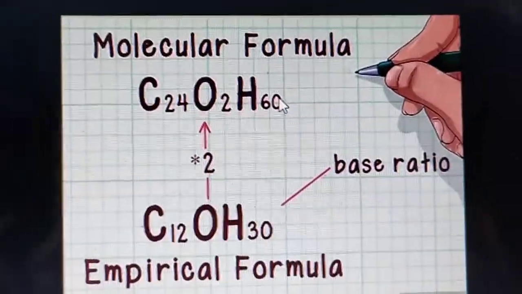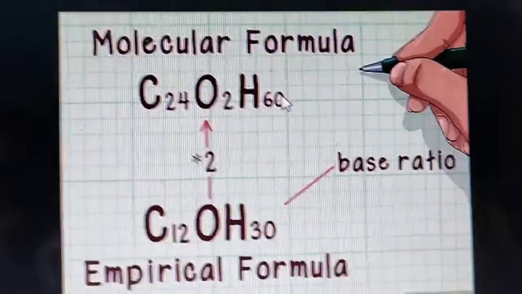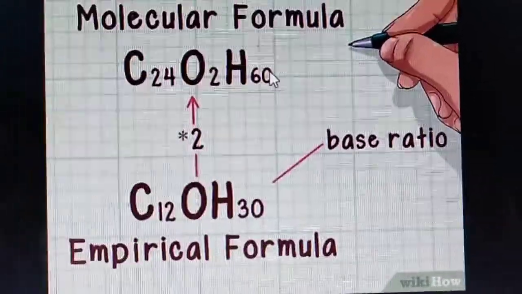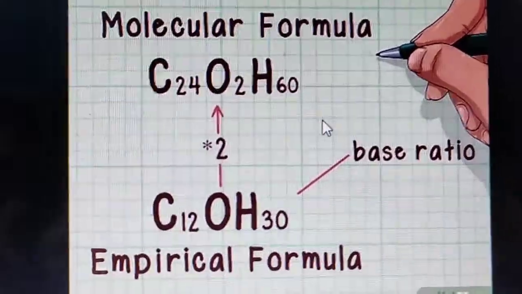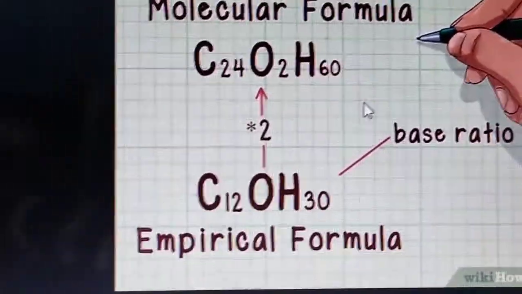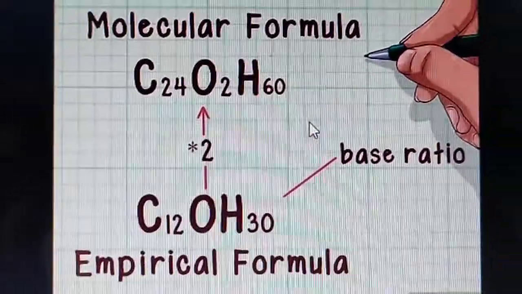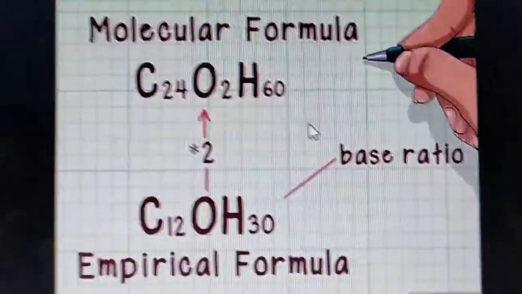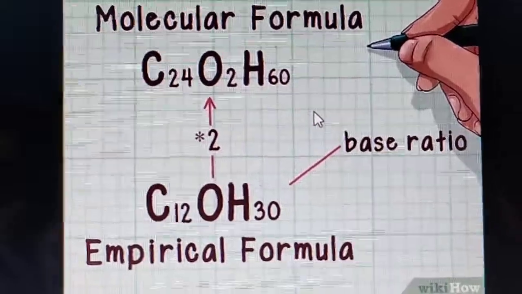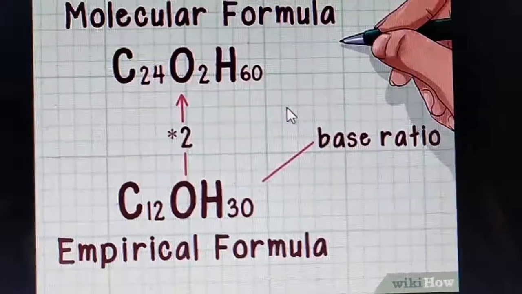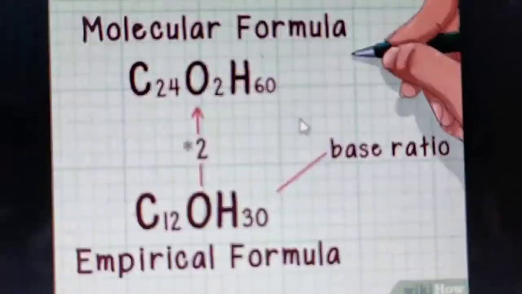Suppose this is not any real chemical compound, I'm just giving you an example. Suppose this is C24O2H60, a formula of some particular molecule. Then the molecular formula will be C24O2H60, and its empirical formula will be C12OH30. Can you see it?